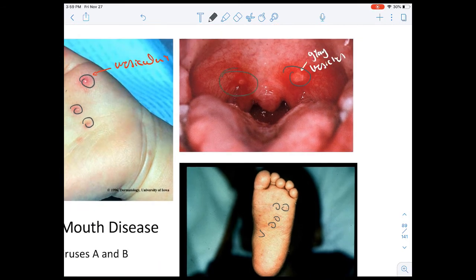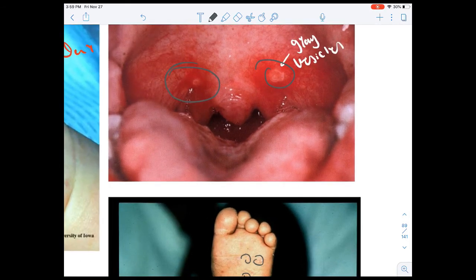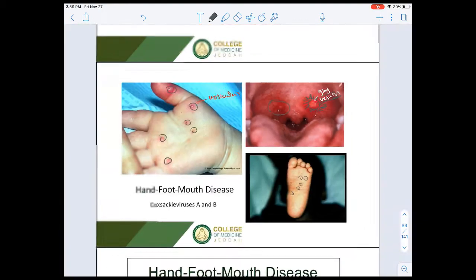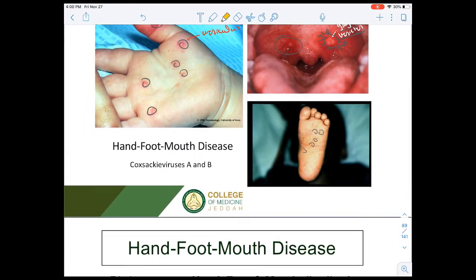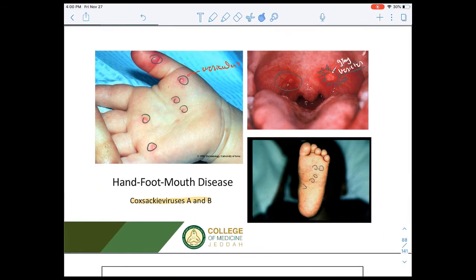And in here specifically, you can see these gray vesicles, and surrounding them, you can see this erythematous space. An erythematous space is just a fancy name for a red-colored base surrounding the gray vesicle, right? And this is caused by Coxsackie virus A and B, right? So Coxsackie virus A and B are very important causative agents for hand, foot, and mouth disease.